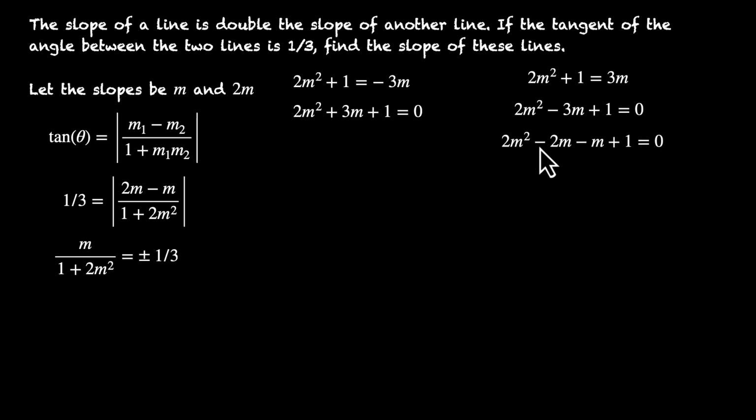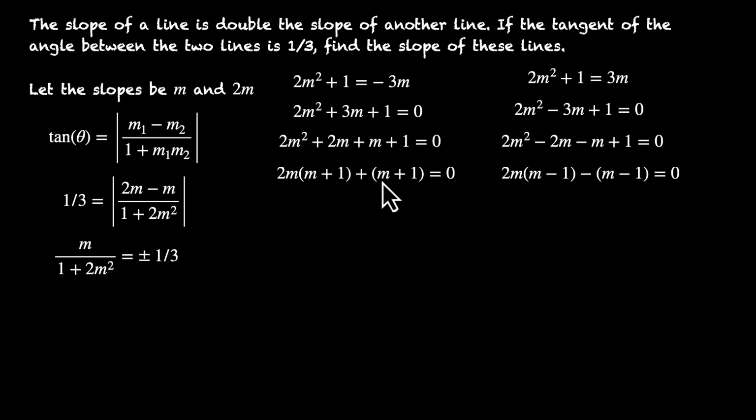So this one is 2m square minus 2m minus m plus 1 equals 0. We'll split the middle term. Similarly, here we have 2m square plus 2m plus m plus 1. So we can take 2m common, m minus 1, minus m minus 1 equal to 0. And here we have 2m common, m plus 1, plus 1 common, m plus 1 equal to 0.